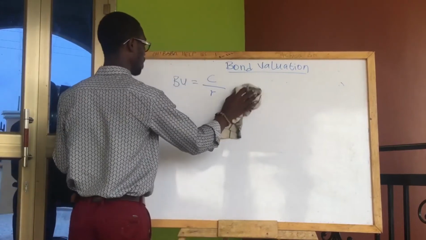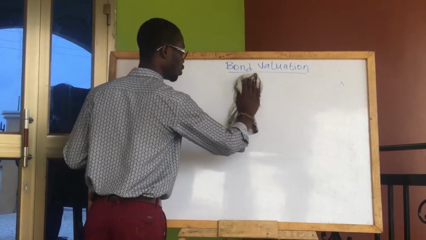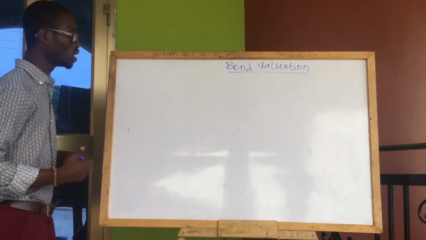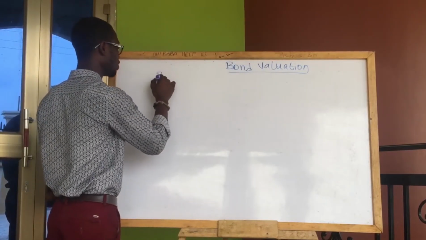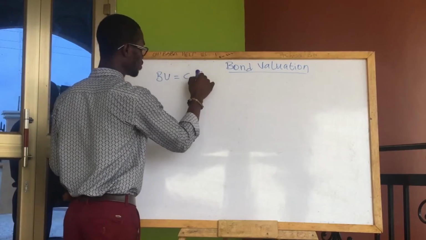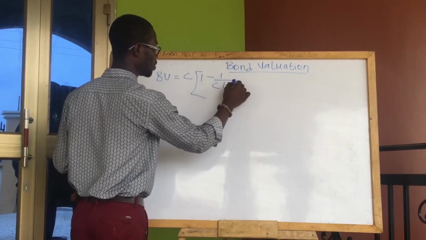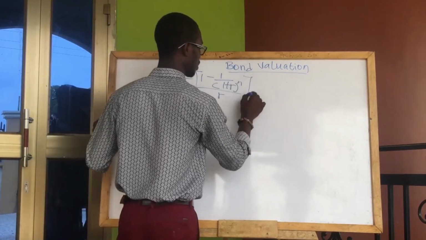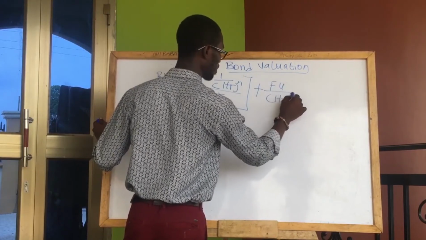Now I want to give you a relationship between interest rate and bond value or the price of the bond. When we're computing the formula, you see that the bond value is equal to C into brackets 1 minus 1 divided by 1 plus R raised to the power n, all divided by R, plus the face value divided by 1 plus R raised to the power n.